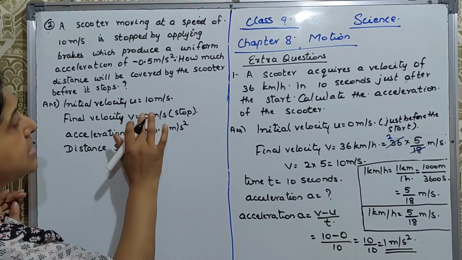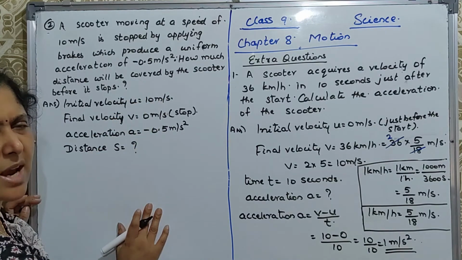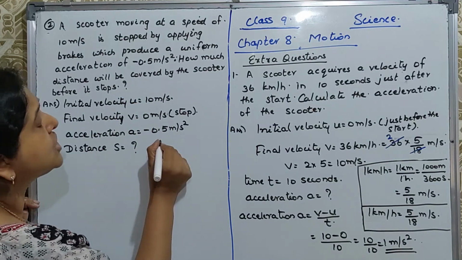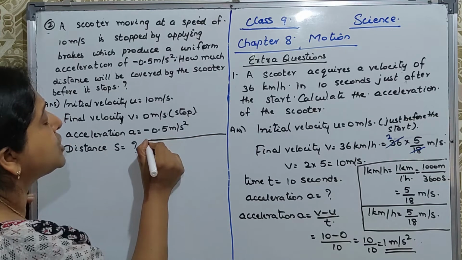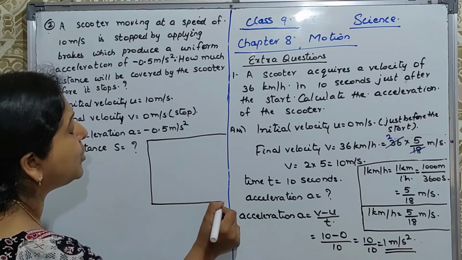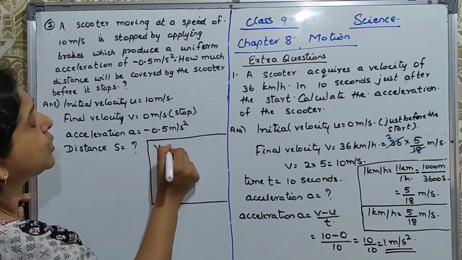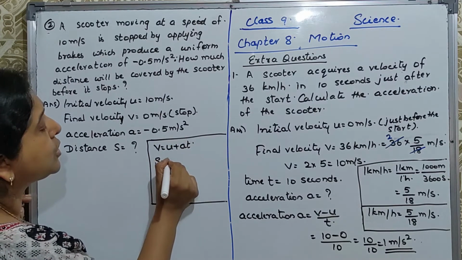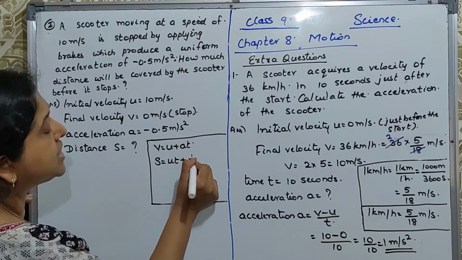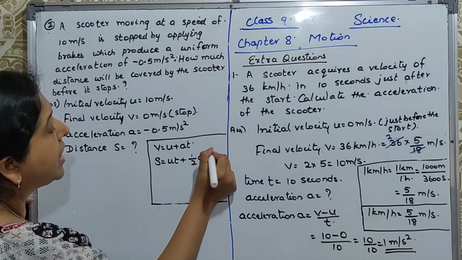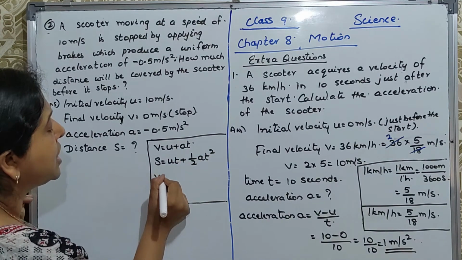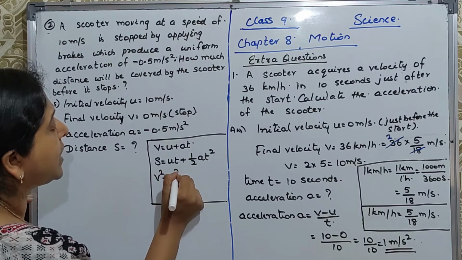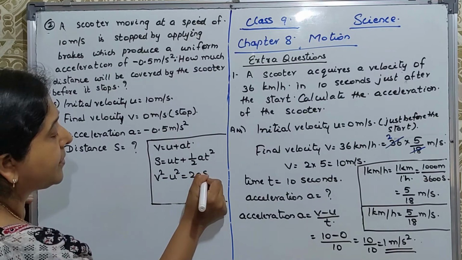This question does not have the time t. The 3 equations of motion are: first, v equal to u plus at. Second, s equal to ut plus half at squared. And third, v squared minus u squared equal to 2as.